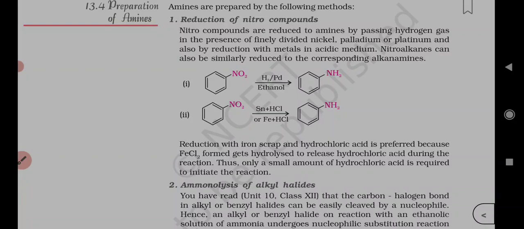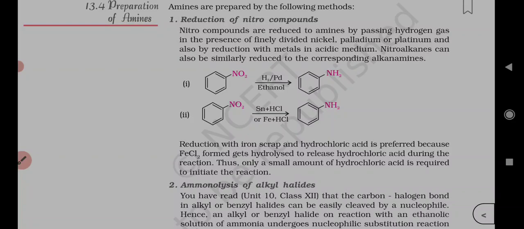Reduction with iron scrap and hydrochloric acid is preferred because FeCl2 formed gets hydrolyzed to release hydrochloric acid during the reaction. Thus, only a small amount of HCl is required to initiate the reaction.